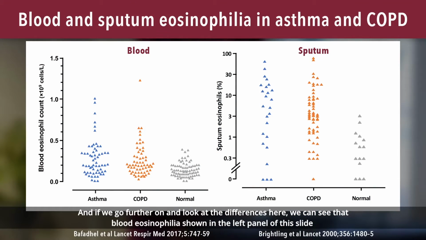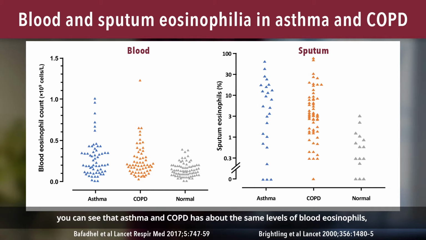If you go further on and look at the differences here, we can see blood eosinophilia shown in the left panel of this slide. You can see that asthma and COPD have about the same levels of blood eosinophils, while the healthy subjects, to the right, have lower levels.